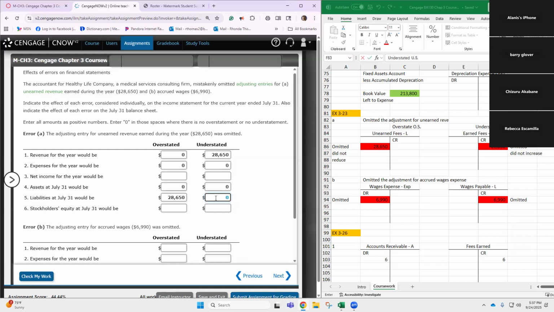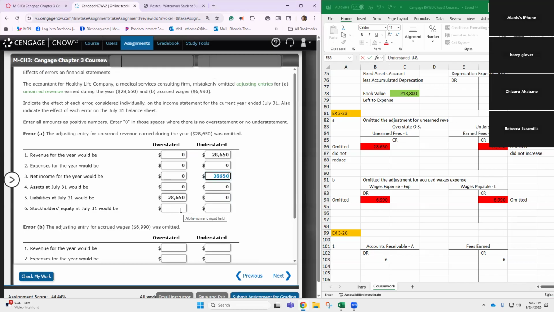If revenue is understated, then net income follows the same path. It won't have as much in it as it should. So put understated for net income, by the amount of the adjustment that we did not do.